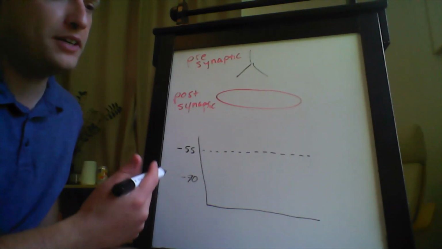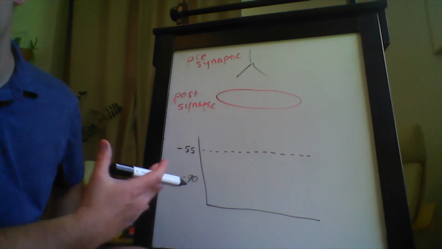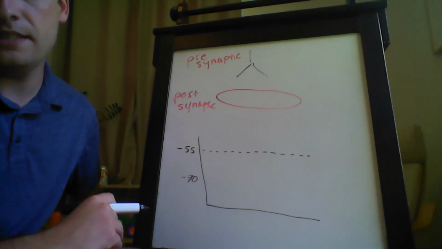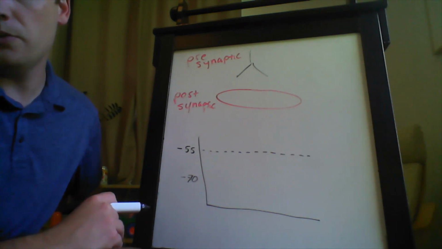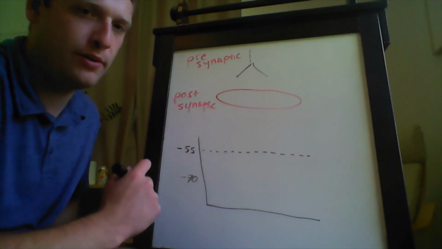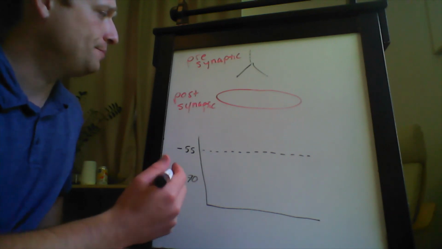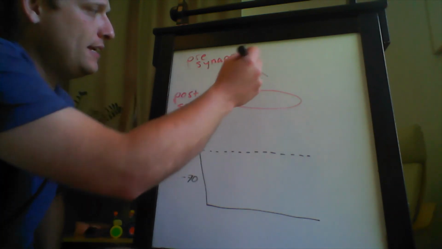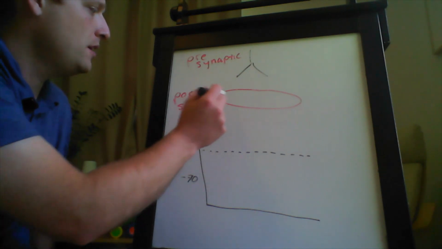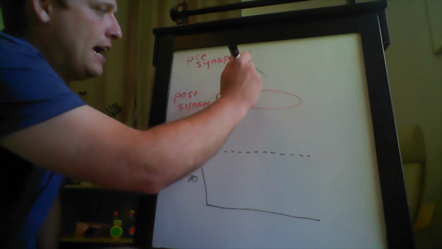And there are a couple of different types of summation that we talk about when we refer to adding up the stimuli in these different cells. So let's imagine that we have this one presynaptic neuron, and it's sending excitatory signals to this postsynaptic cell. So let's say it fires an action potential.